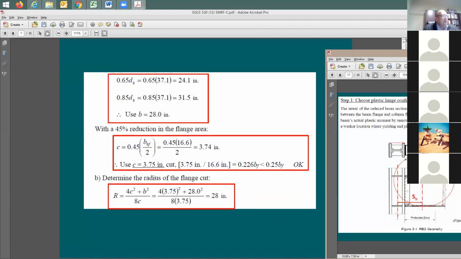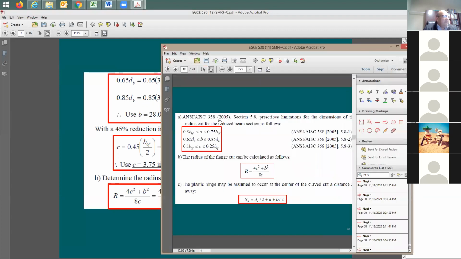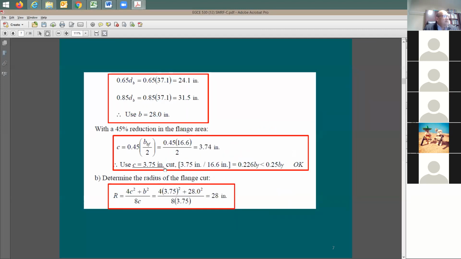All right, now also you need to look at C, the C value. I have a range also for the C value. Here it is. It goes from a quarter of the beam flange to 10%. Here's going to be the C. Once I'm within the range, it's going to be good.